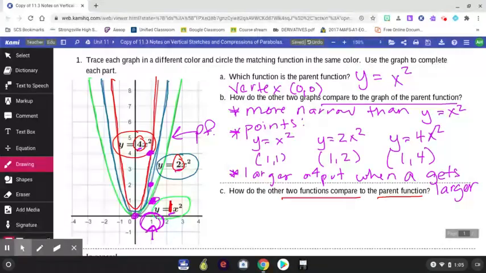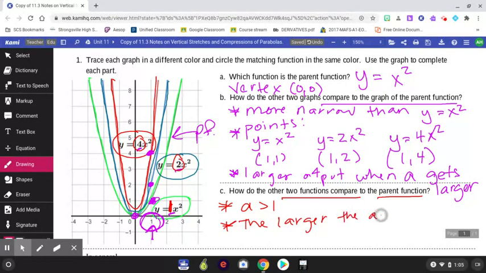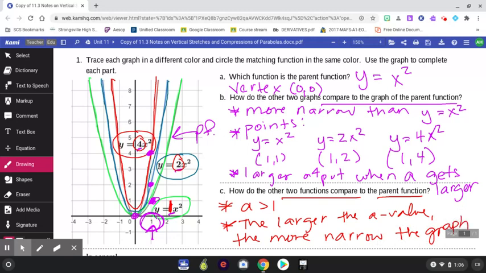So the a values are bigger than 1, and it looks like the larger the a value, the more narrow the graph. And that is true.